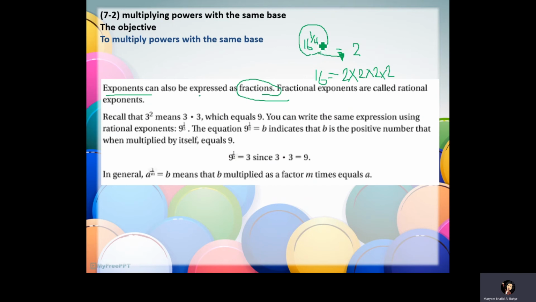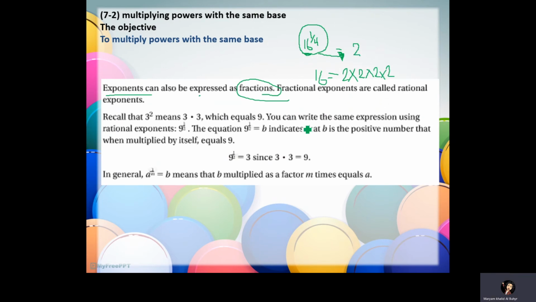This is the idea. If you have a fraction power like this, with 1 over something in the denominator, you look for a number which, multiplied by itself 4 times, according to this number here, gives this base. That's why this is equal to 2.